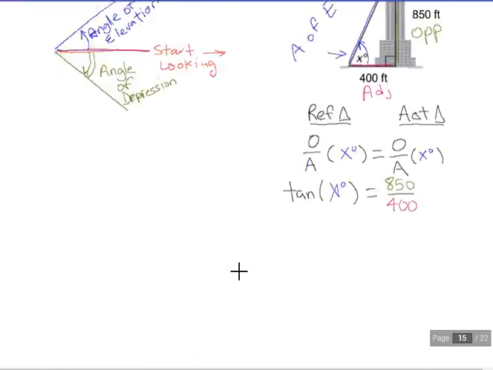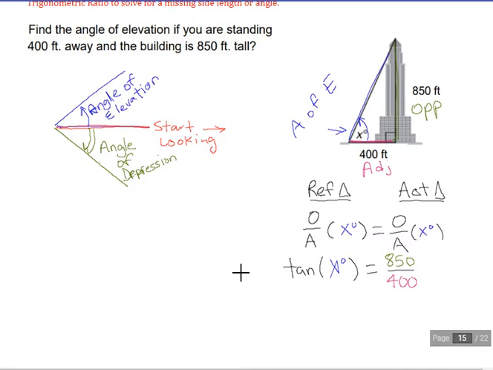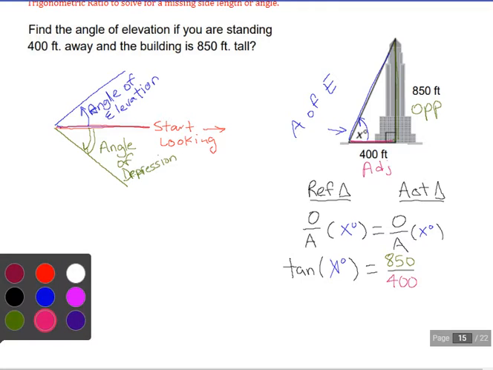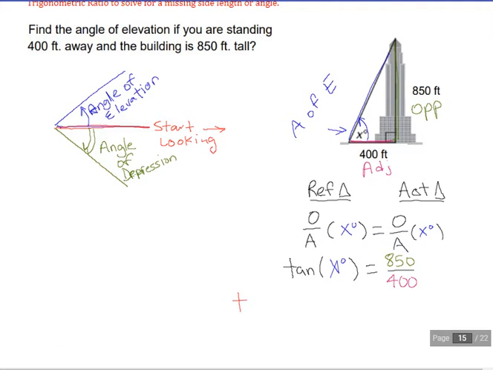All right, so we have to get X by itself, and so we're going to bring in the inverse. We have to apply the tangent inverse, not just to one side, but to both sides.